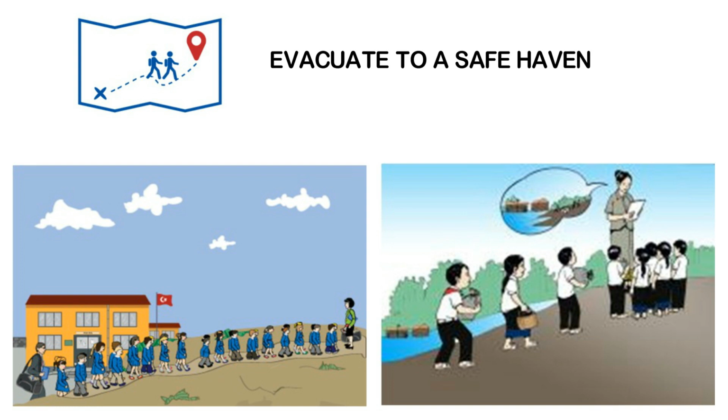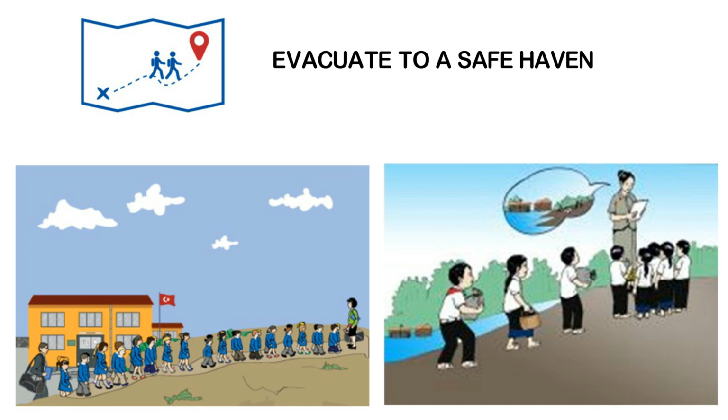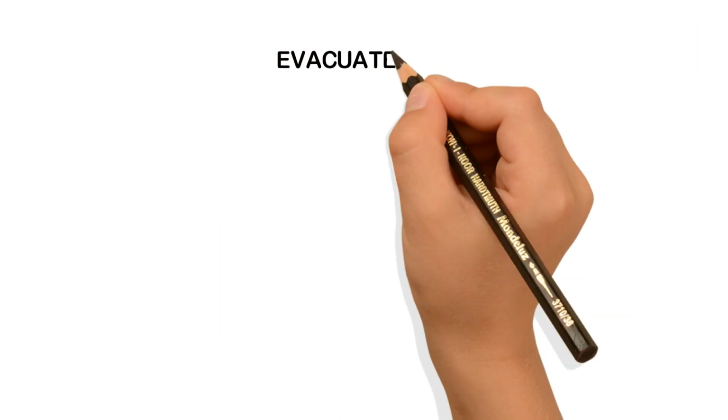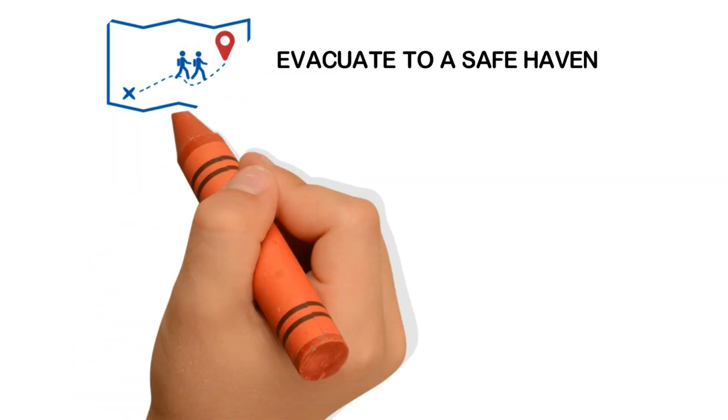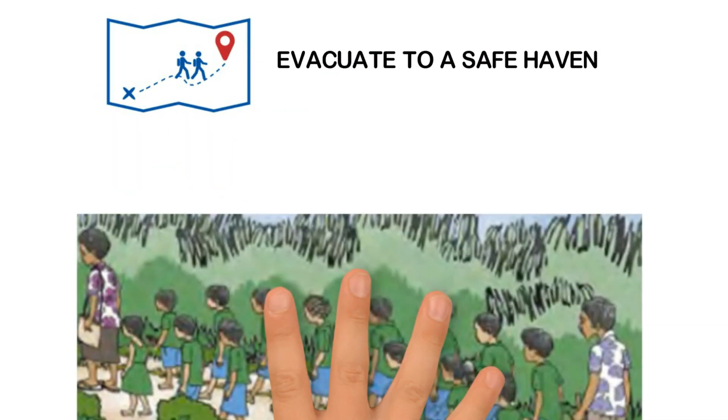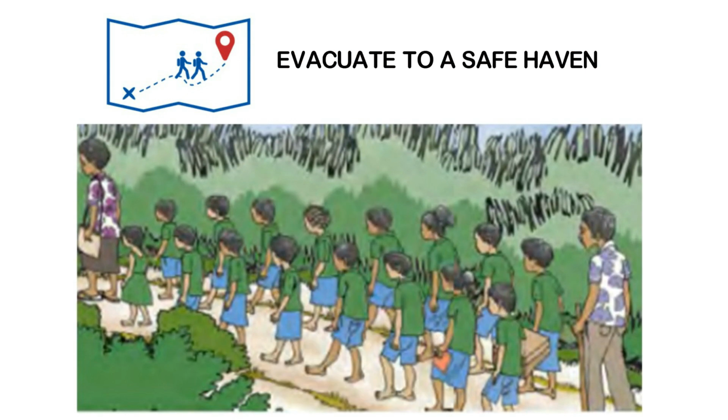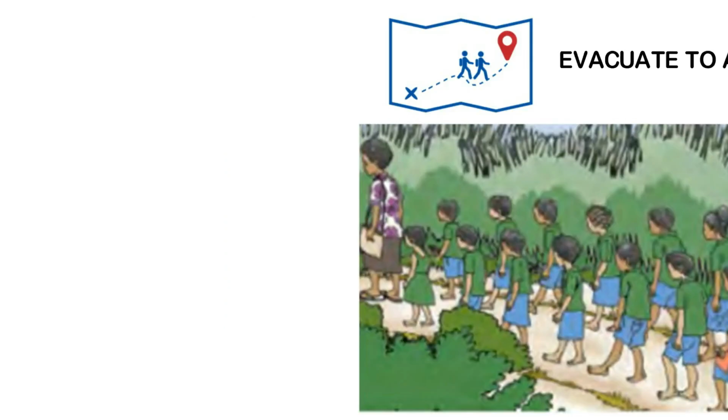If and when conditions are safe, lead reverse evacuation back to classrooms following the same rules. Student responsibilities are to use the buddy system, to stay together, to move quickly and quietly. At the safe haven, they are to follow instructions for assemble and shelter outside.